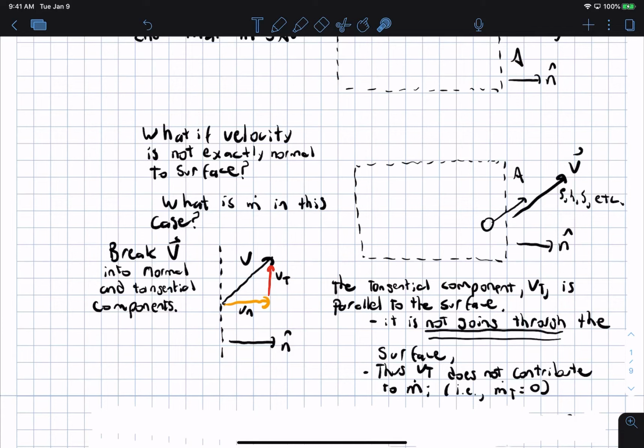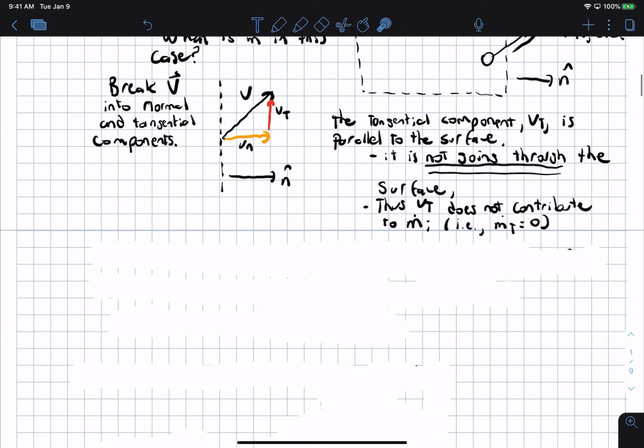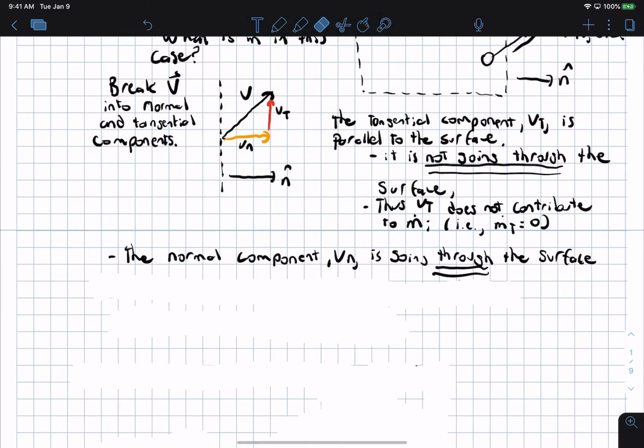Okay, so that must mean that the normal component of the velocity does contribute to the mass flow through our surface. The normal component Vn is going through the surface.